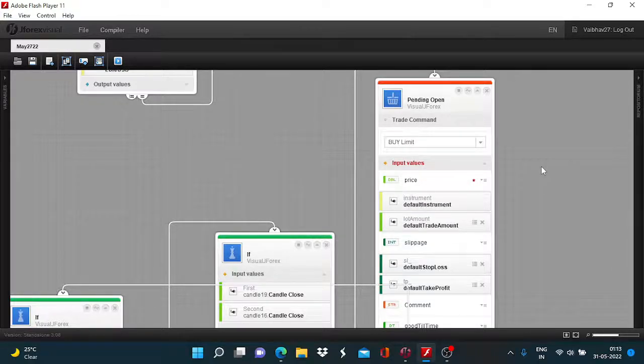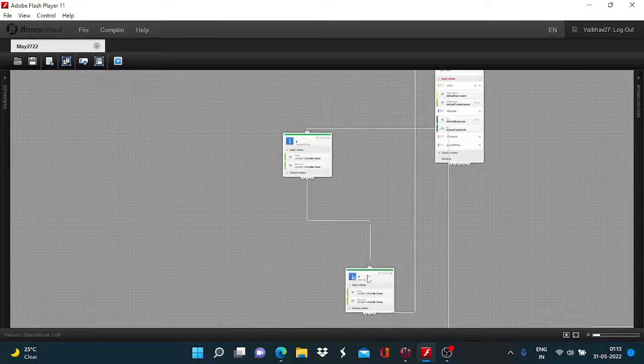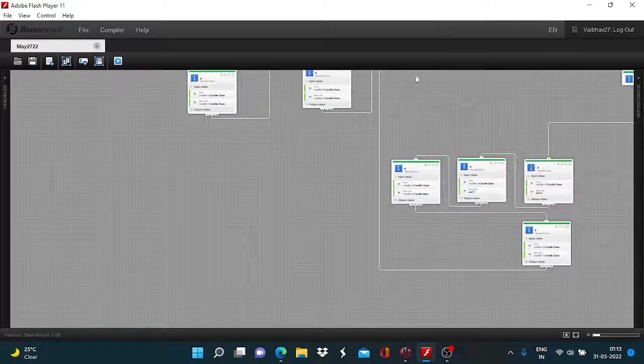By limit. Now we have to define the input parameters for this trade command block. So we will need to create additional variables there.